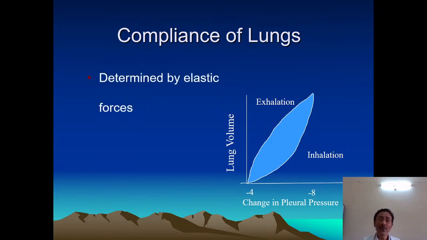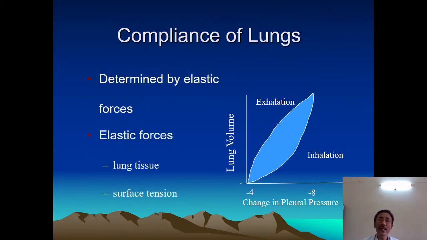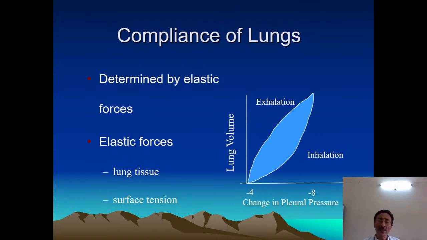So compliance of lung is defined as the stretchability of the lungs. Now what determines this elasticity? The more the elastic tissue, the more is the ability of the lung to stretch. So elasticity or distensibility depends upon two things: the surface tension, and the amount of the elastic forces, the elastin or the collagen forces, present in the lung tissue.